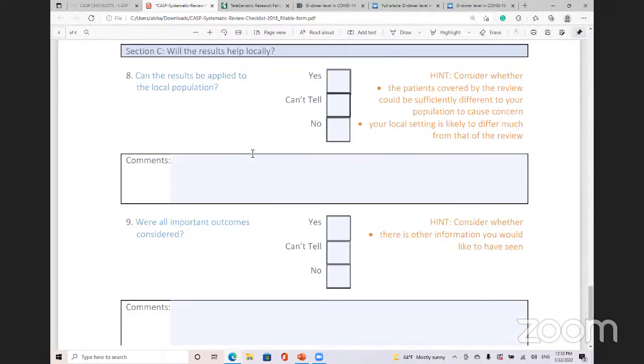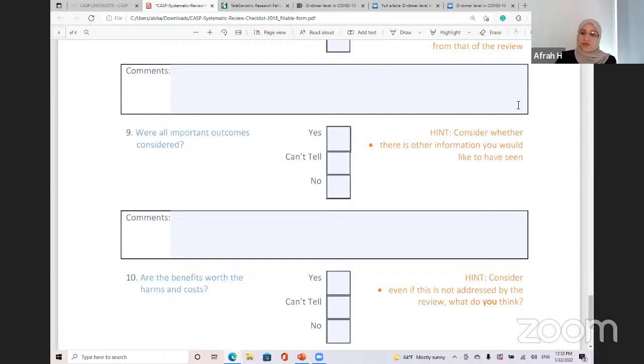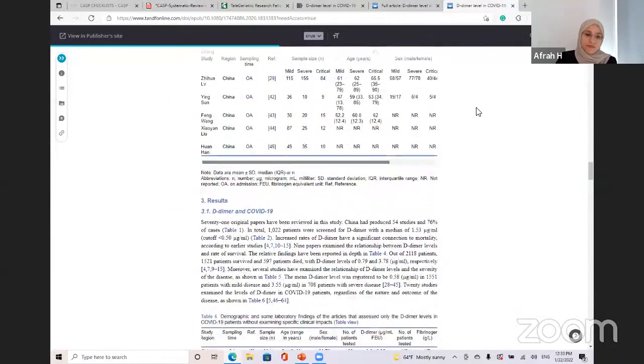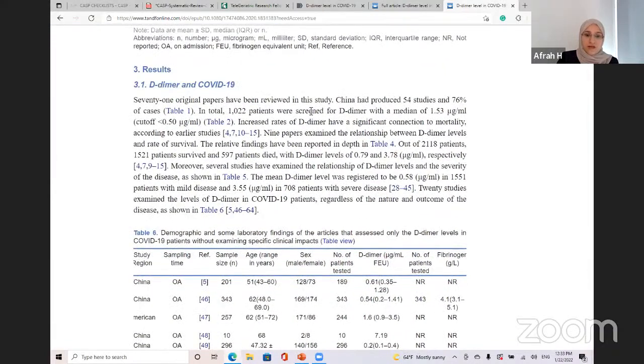Okay, thank you. The 9th question, were all important outcomes considered? Consider whether there is other information you would like to have seen. So the outcome in this study, if you look at this, increased rates of D-dimer have a significant connection to mortality according to a real study.